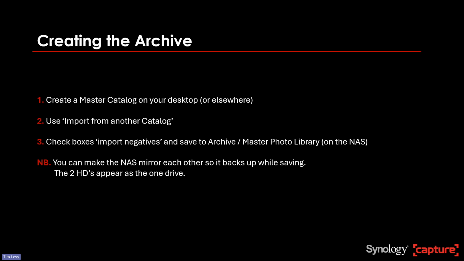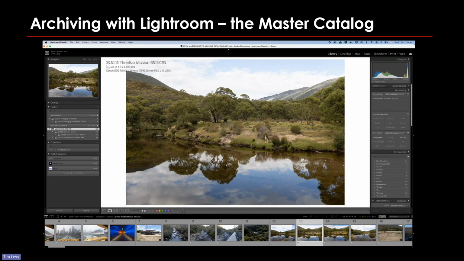So you check the boxes, import negatives, and then save to archive master photo library on the NAS. What I'm saying here is I've got 2 hard drives in my NAS. If you had a 4-bay, you'd have double the storage on that with mirrored. But this is how you do it.